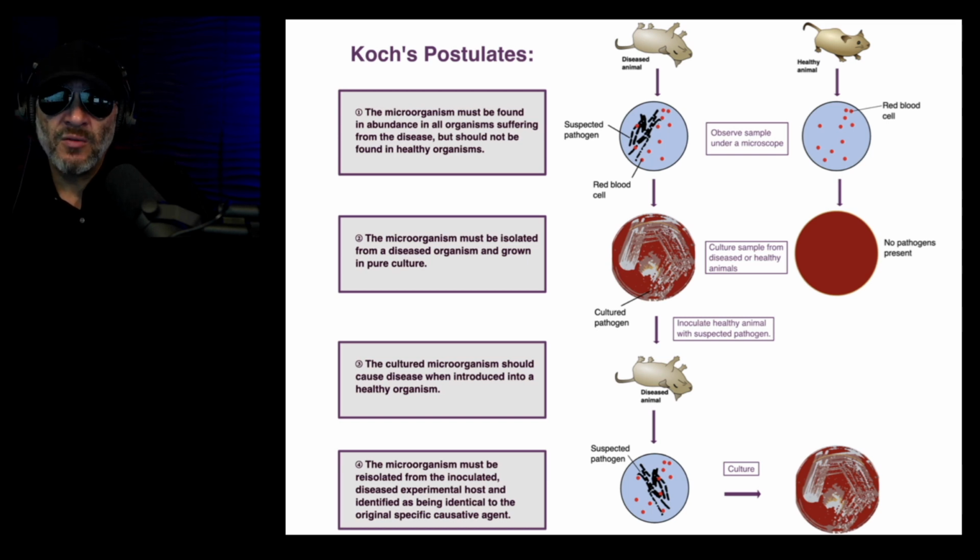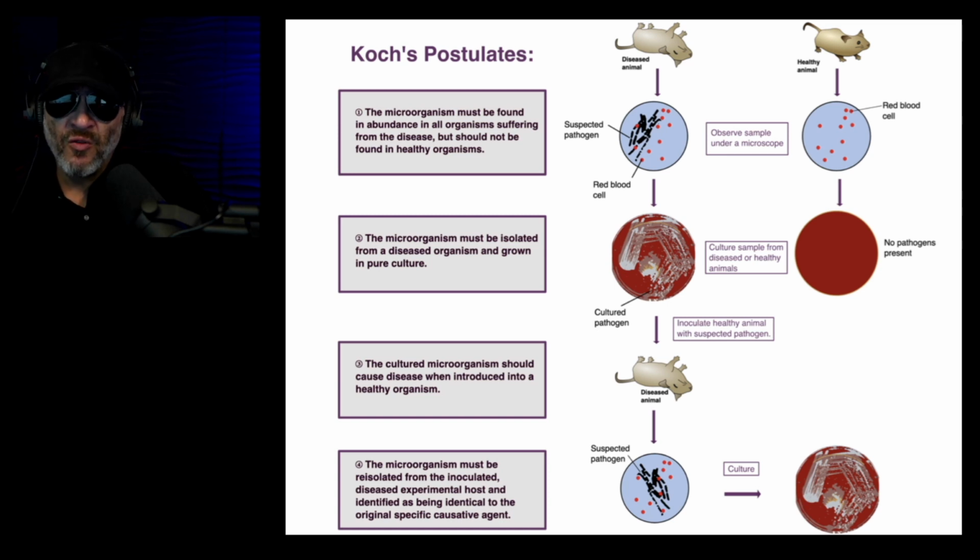So if you take it from one sick person, grow it in a culture so that there's more of it, and then give some of that to a healthy animal or organism, it should get sick with that same thing. It should cause the same disease.